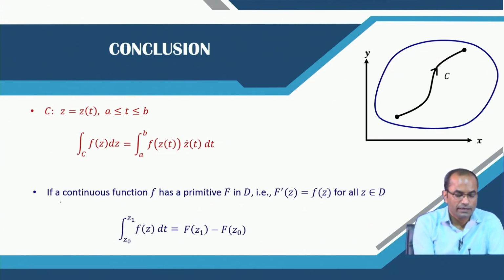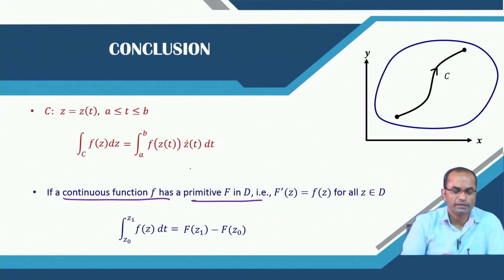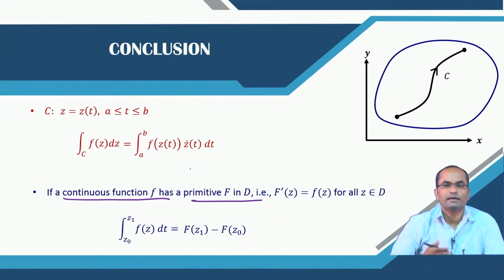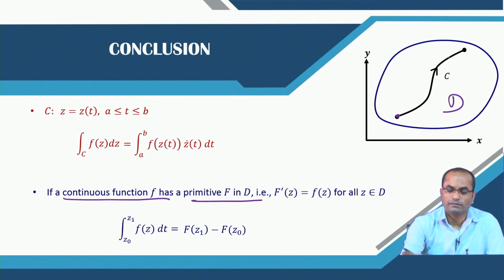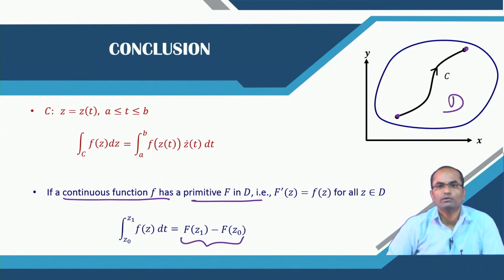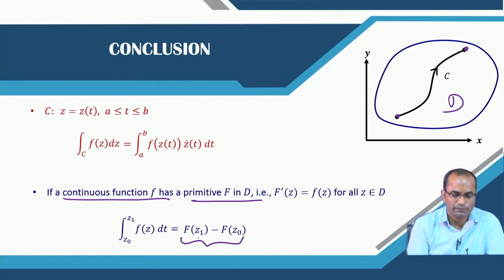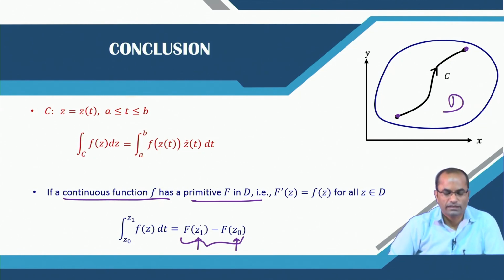In the second case, we have seen that if the function is continuous and has a primitive, or we say that f is analytic in a domain D, then we can take any path, because the integral value will not depend on the path. It will depend only on the final point and the beginning point.